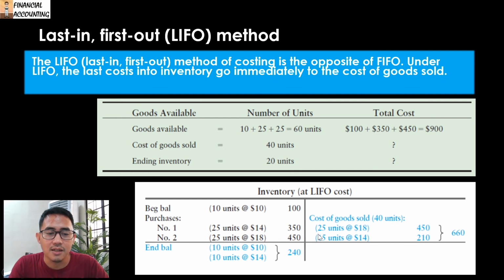It's only 15, so the 15 will be applied to the first purchase at $14. So 15 units at $14 is 210. The total of our cost of goods sold is 660. Then we'll have our ending balance of $240.